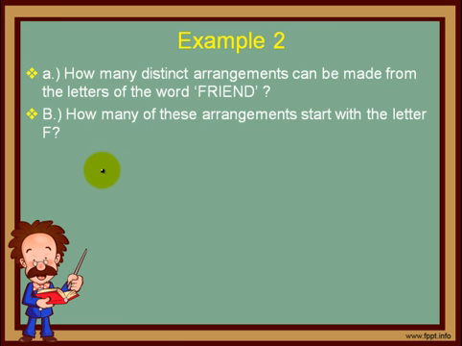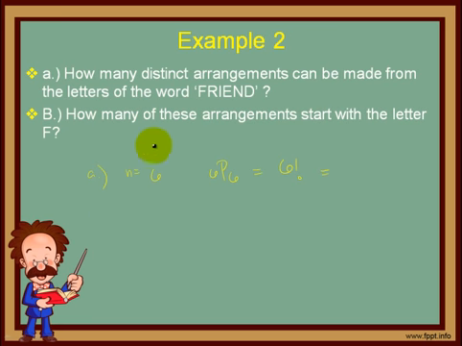So, that is just, count the letters, n is equal to 1, 2, 3, 4, 5, 6. So 6P6 is just equal to n factorial, which is 6 factorial over 1. Pareho ra. So equal na siya sa 6 factorial. And 6 factorial is equal to 720, makuha na sa calculator.